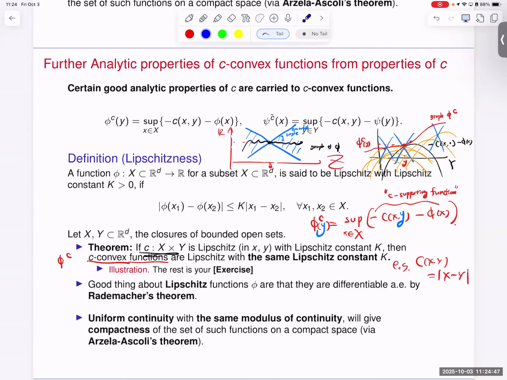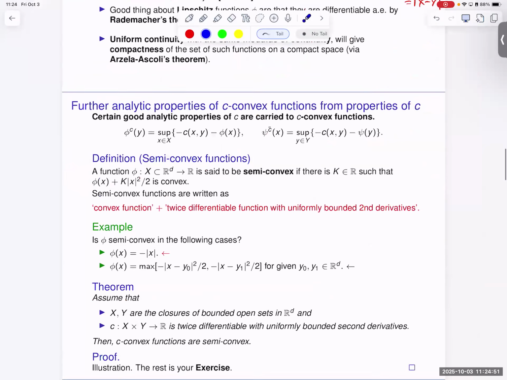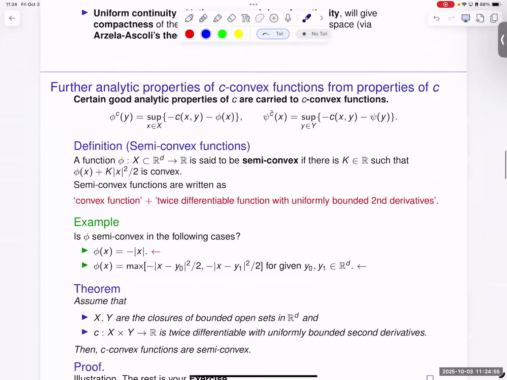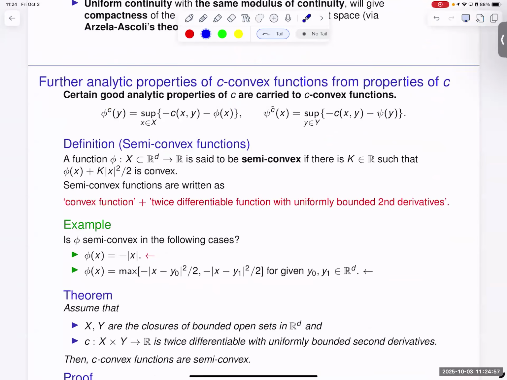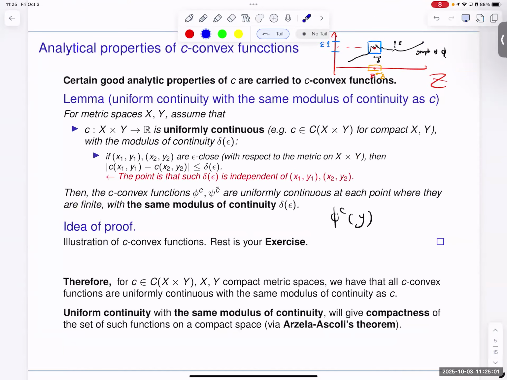Okay, then let me move on. There are further properties of C-convex functions. Okay. So it's like this. The first condition was about uniform continuity. It's like a zeroth order condition somehow.